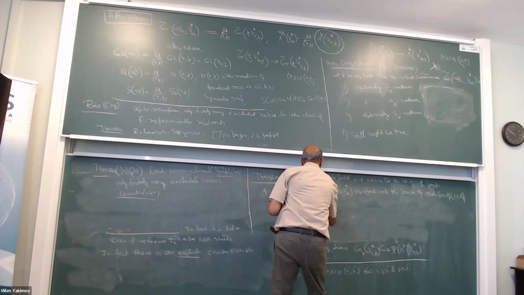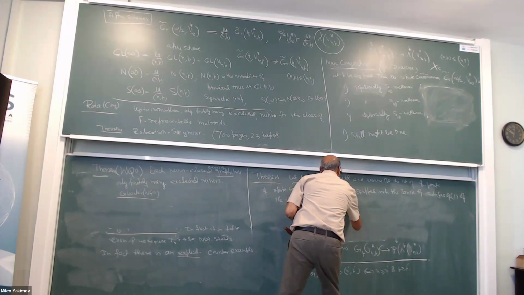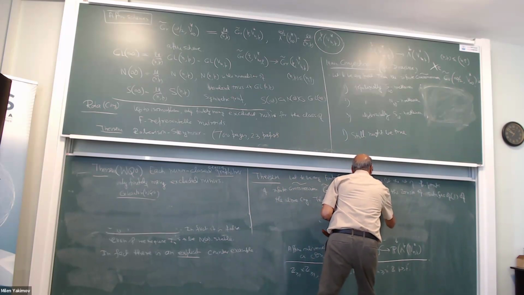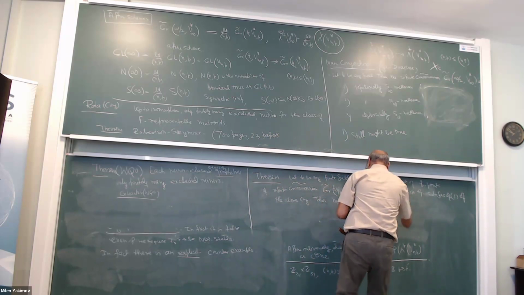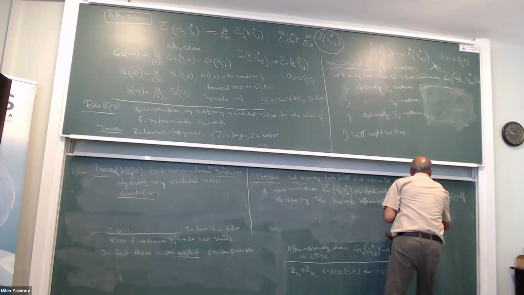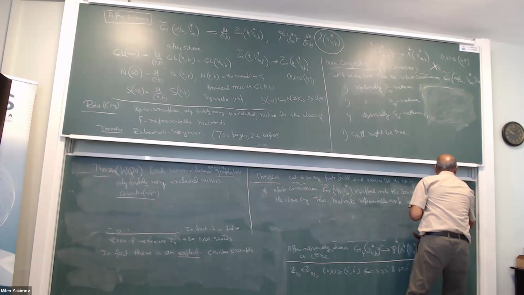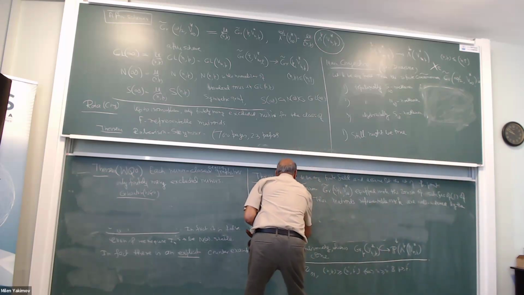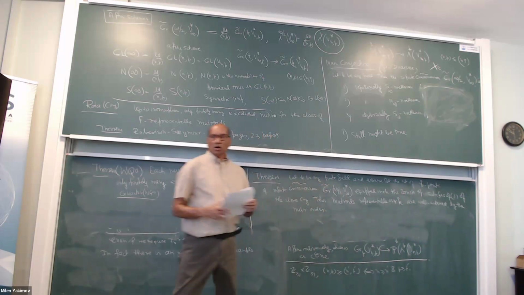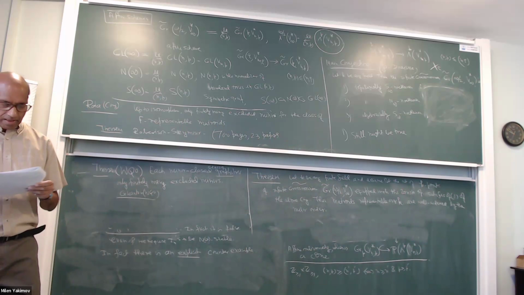Then matroids representable over K are well ordered by minor. So the order is just minor. You take a matroid, take its minor, that's the well ordering.